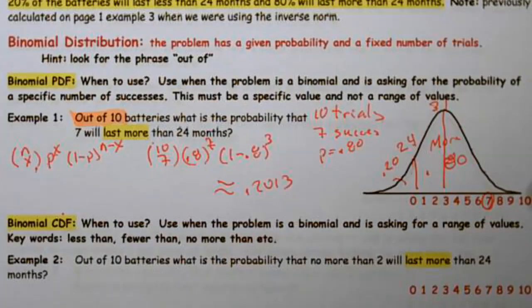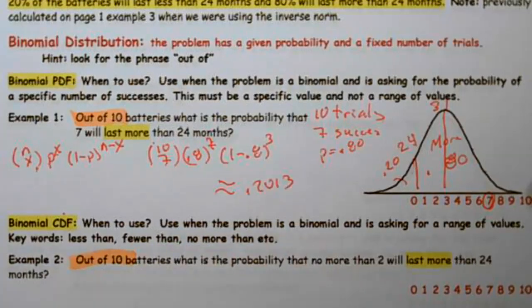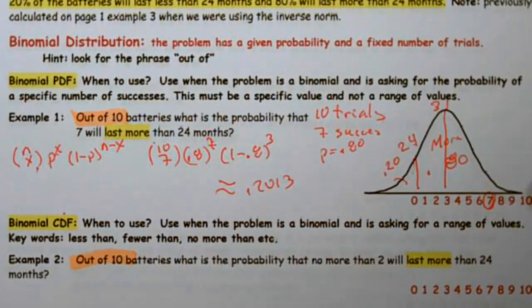So once again, the key phrase to look for is out of. So we have out of 10 batteries, what's the probability that no more than 2 will last more than 24 months? So we have more than 24 months, which means our probability is the 0.8 because that's the more than.